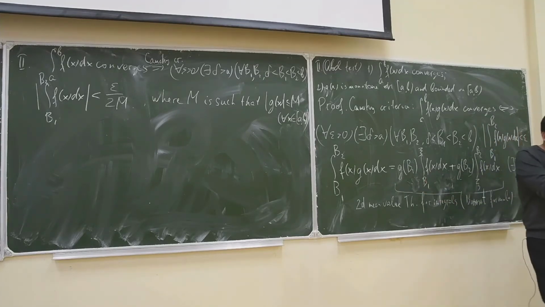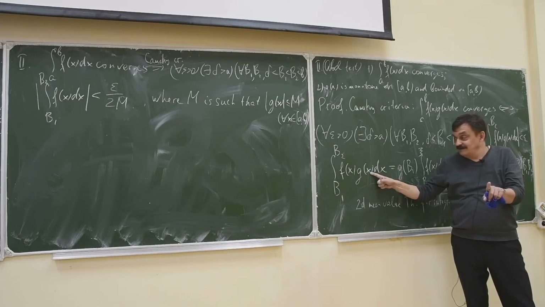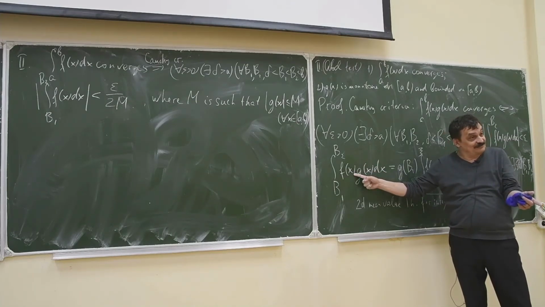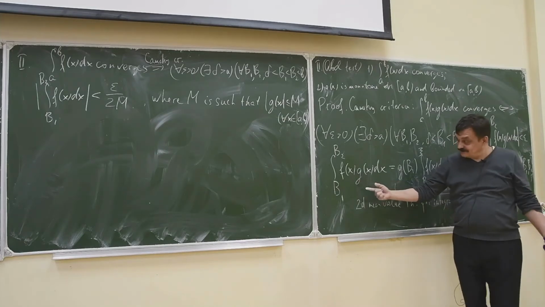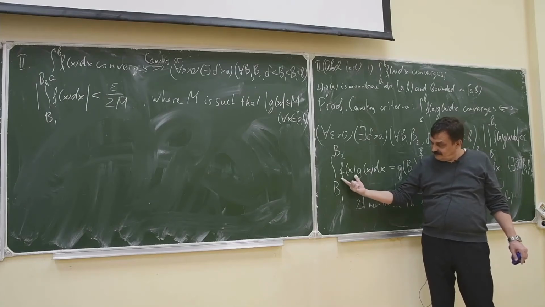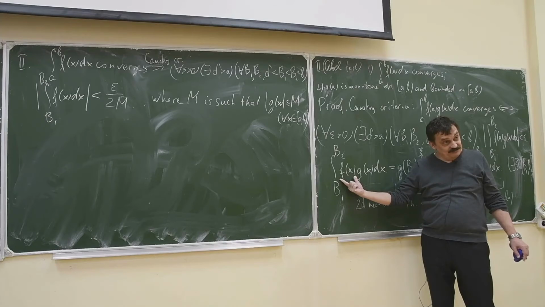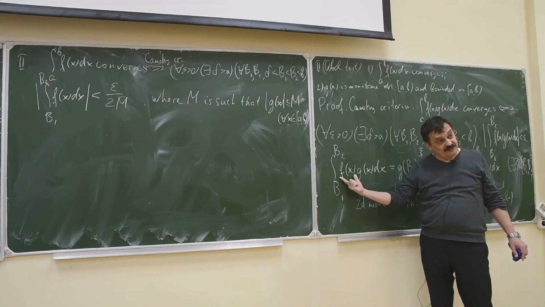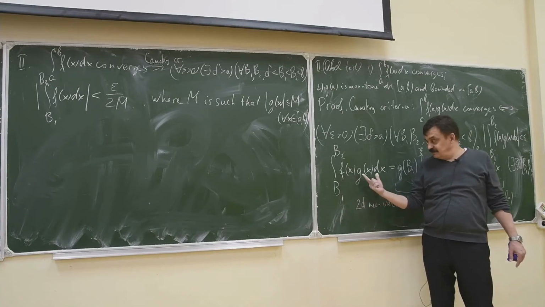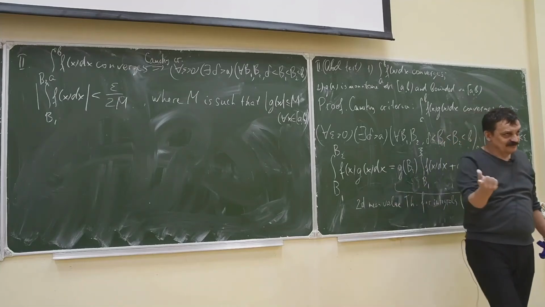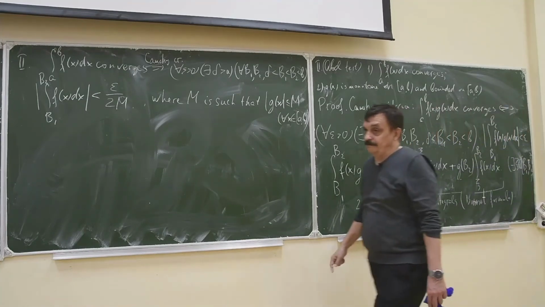So we have a product, and roughly speaking, you put more restrictions on one term of the product, and then you can ask less restrictive things about the other term. So look for Dirichlet Abel test. In Dirichlet, little f has bounded primitive, right? G is infinitely small. For Abel, you should suppose little f has convergent improper integral, but g of x may be only bounded. So that is how it works. Okay.